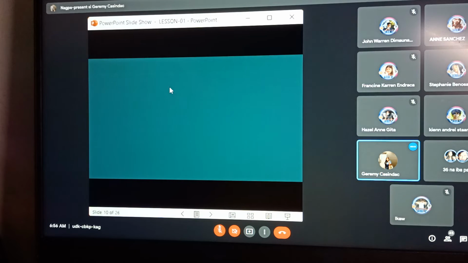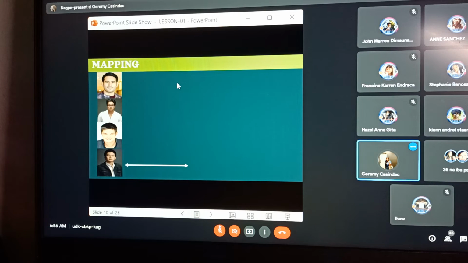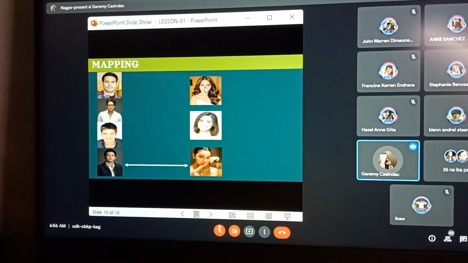Next. How about another example? So, again, we have Gerald, Daniel, Ding Dong, and Joshua Garcia. Okay. And dito naman sa ating range, we have again Catherine Bernardo, Marian Rivera, and Julia Barretto.